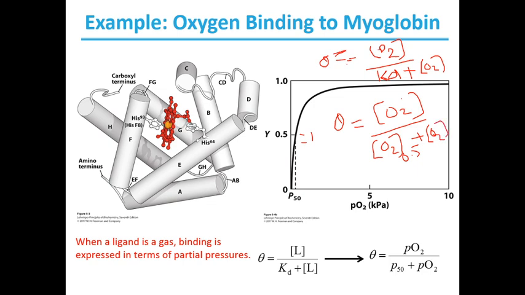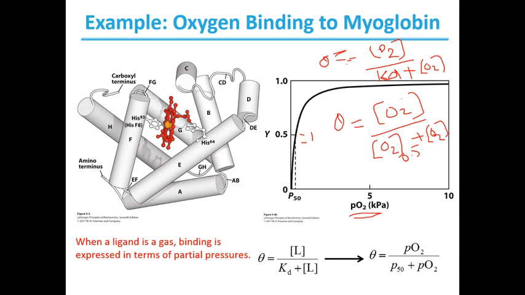right? In experiments that use oxygen as a ligand, it is the partial pressure of oxygen, or PO2, in the gas phase that is varied. This is easier to measure because the concentration of oxygen dissolved in the solution is difficult to quantitate.